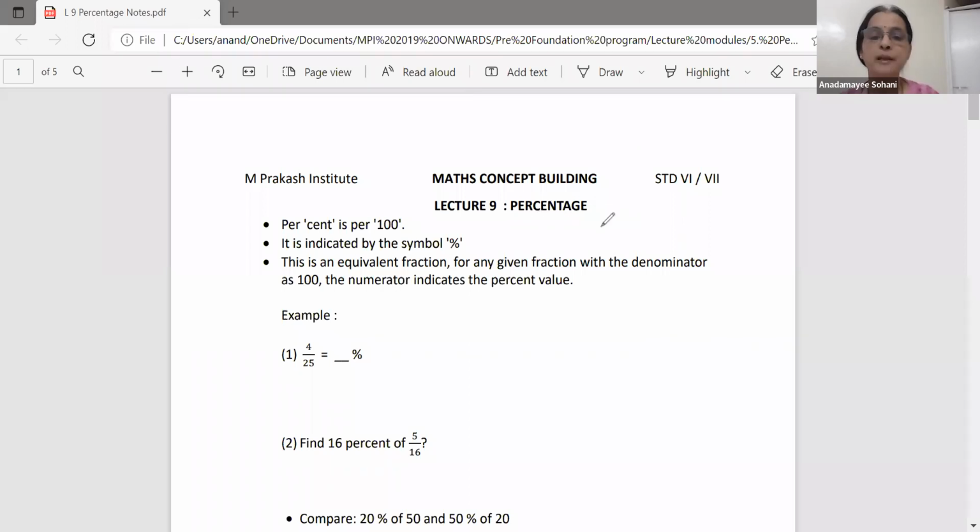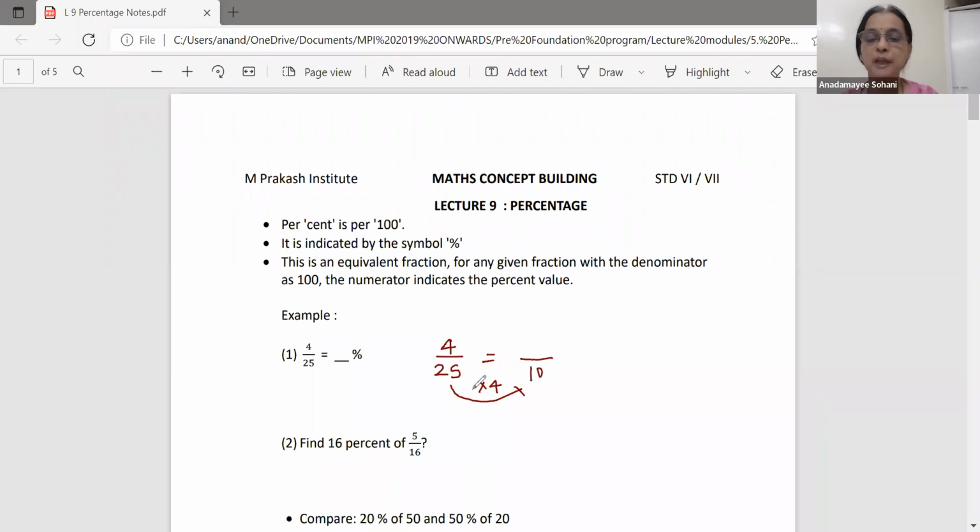Any fraction given to me, for example, this is now 4 upon 25. When I convert this into an equivalent fraction with the denominator 100, if I want to convert 25 to 100, I will have to multiply it by 4. So I will get 100.